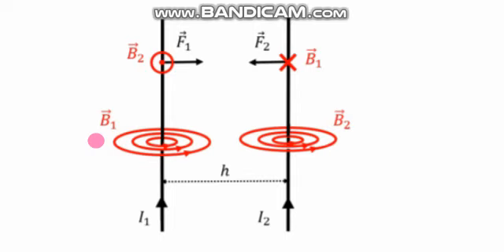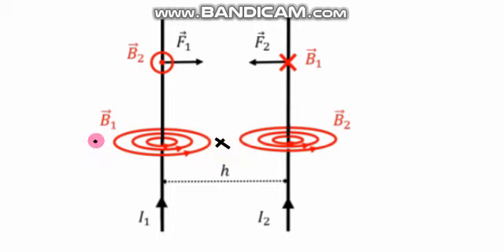And again, let us indicate the field by a cross over here on this side. Here the field lines are coming out of the page, and here they are moving into the page. So that is why I have put a dot over here and a cross over here.